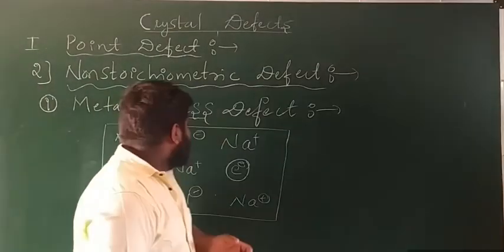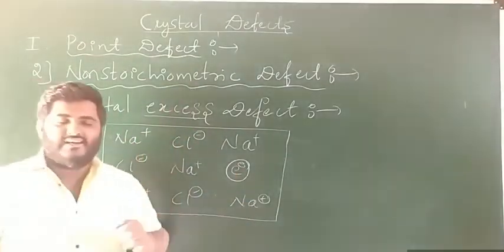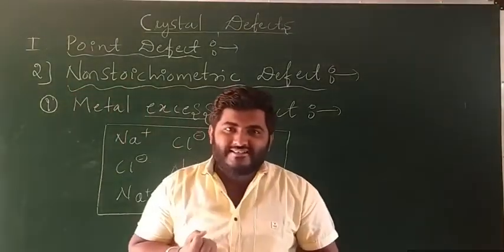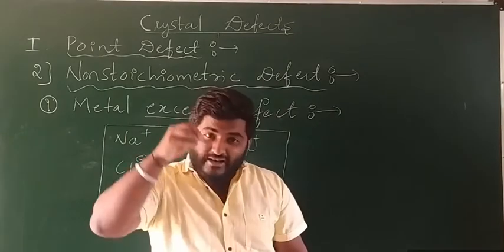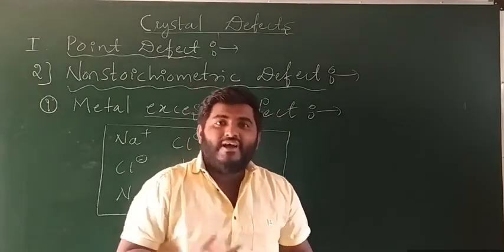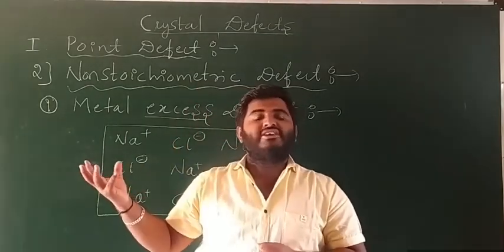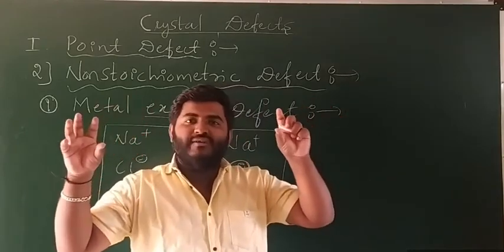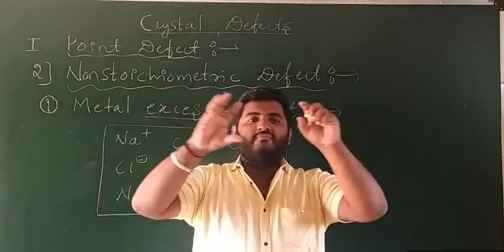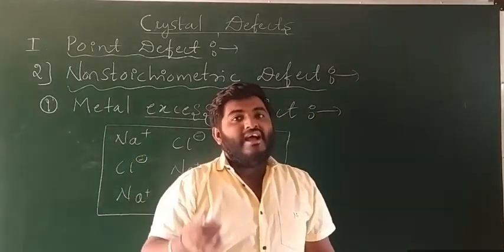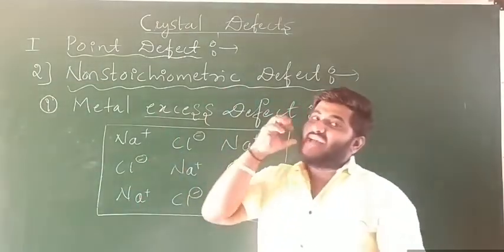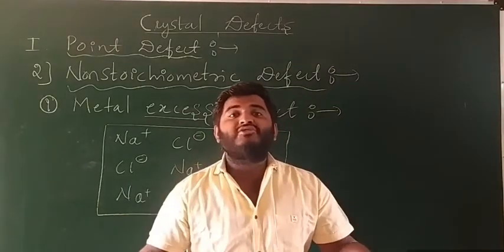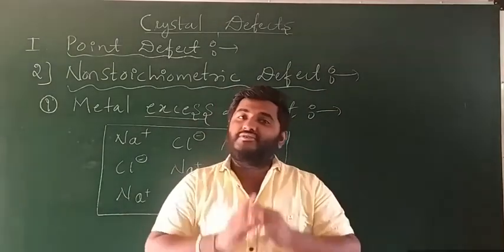For example, take a sodium chloride crystal. When it is heated in the presence of sodium atmosphere, the chlorine atom leaves its electron there itself and comes out from the crystal. The sodium atmosphere and chlorine mix up to form sodium chloride, and due to the extra electron present here, when it absorbs light, it looks yellowish in color.